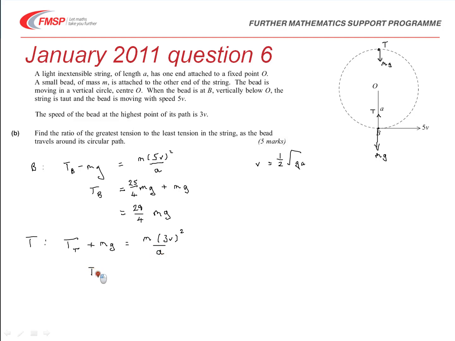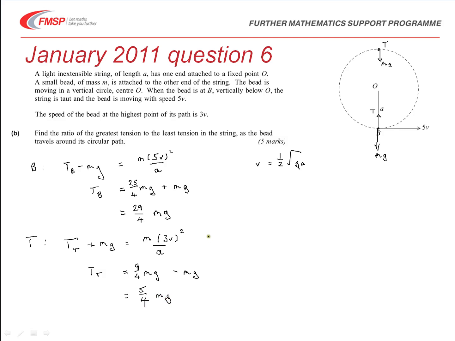So once again we can now substitute in the half root ga, which again the a's will cancel, you'll get an mg, and this time we'll get 9 over 4 mg, and we've now got to subtract mg, that's the weight, and so that will give us 5 over 4 mg.